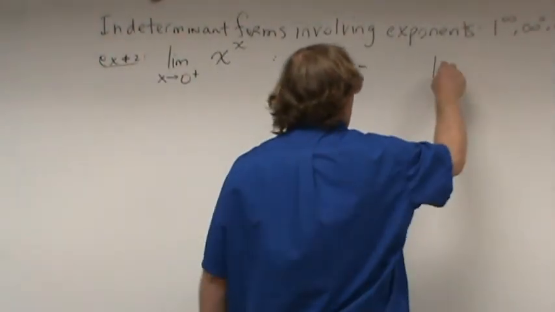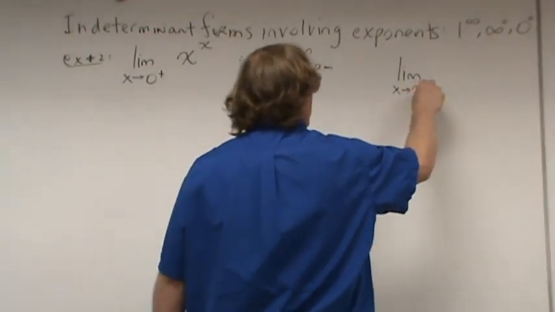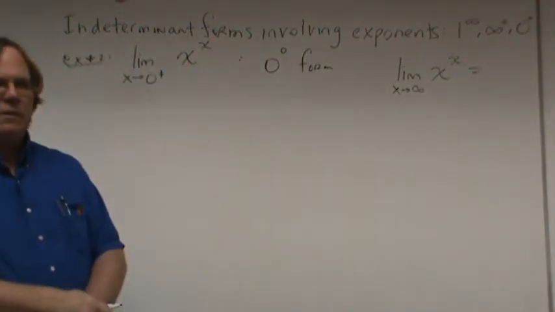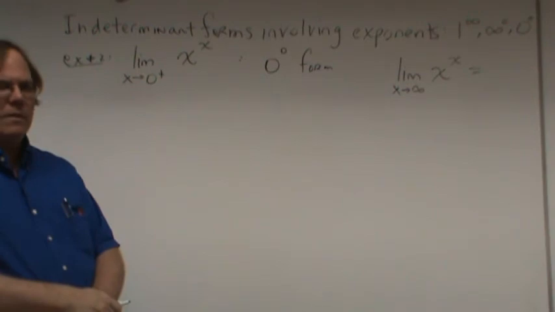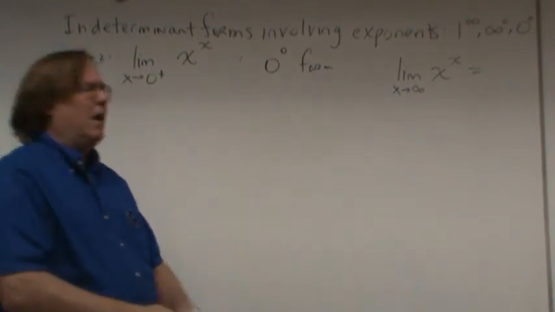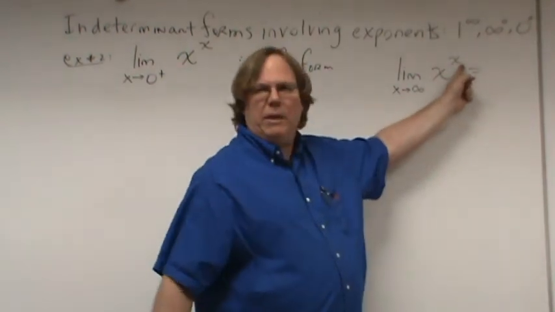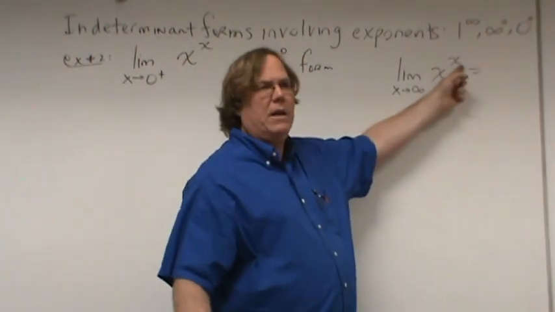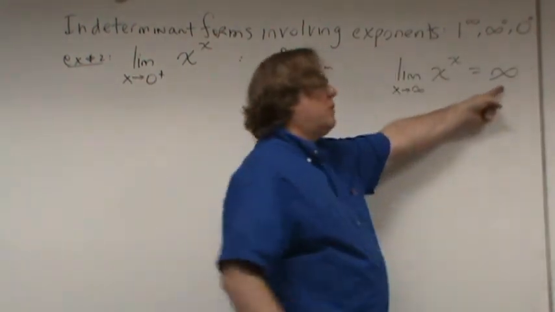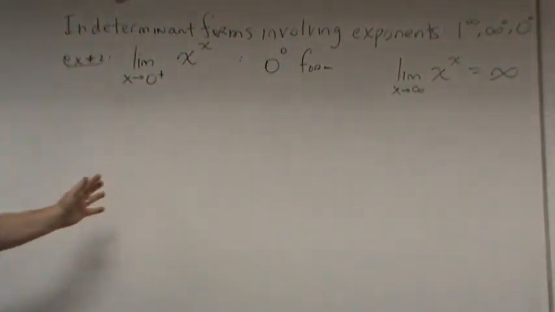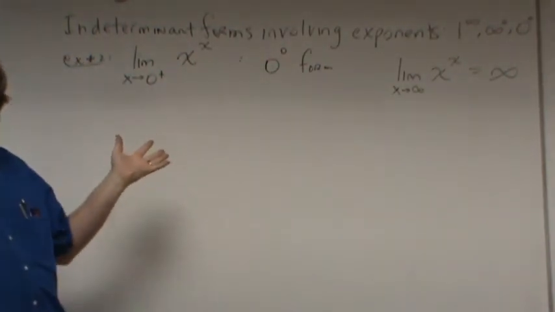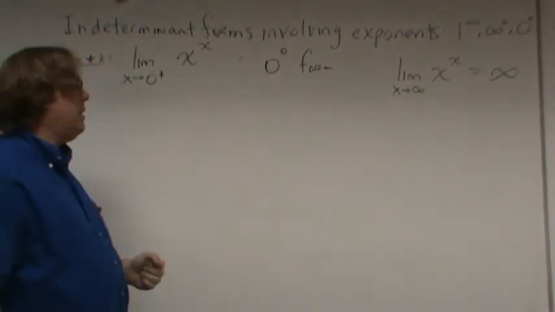I mean, what if I have the limit as x approaches infinity of x to the x power? What's that equal to? Infinity. Yeah, there's nothing indeterminate about that. A million billion trillion to the million billion trillion power is a hugely gigantic number. But this is indeterminate because 0 to the 0, I don't know if it's going to be 0 or 1 or something in between. You see?